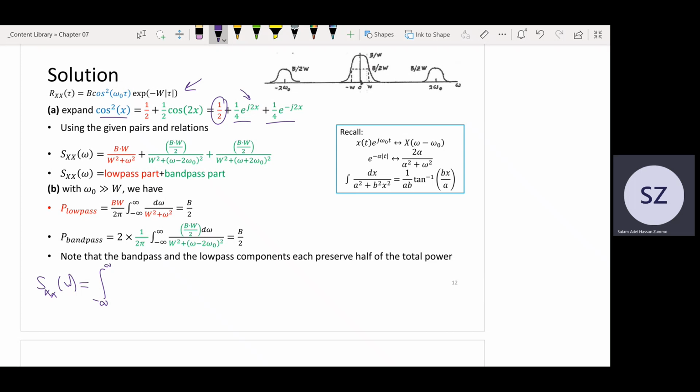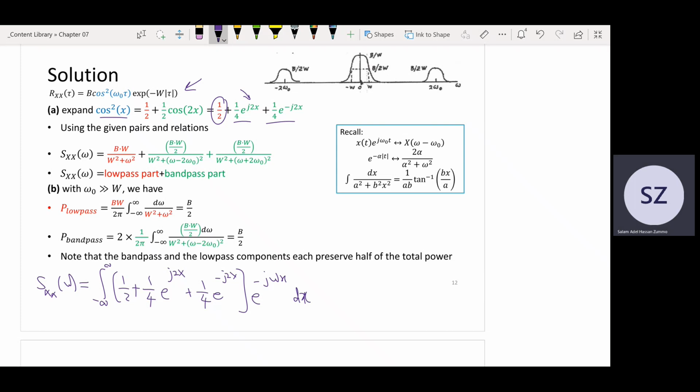B cosine squared times exponential, which is half plus 1/4 e to the j 2x plus 1/4 e to the minus j 2x, all multiplied by e to the minus j omega tau d tau.